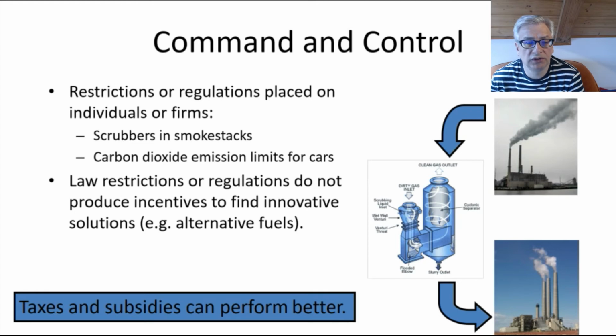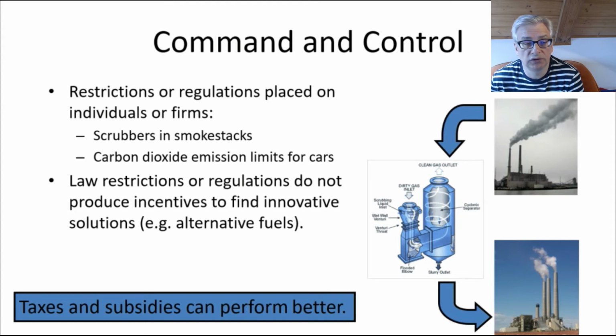Economists are pretty skeptical about command and control as a remedy for externalities. They say that, first of all, this kind of restrictions or regulations do not produce any incentives to move beyond the level that was set.